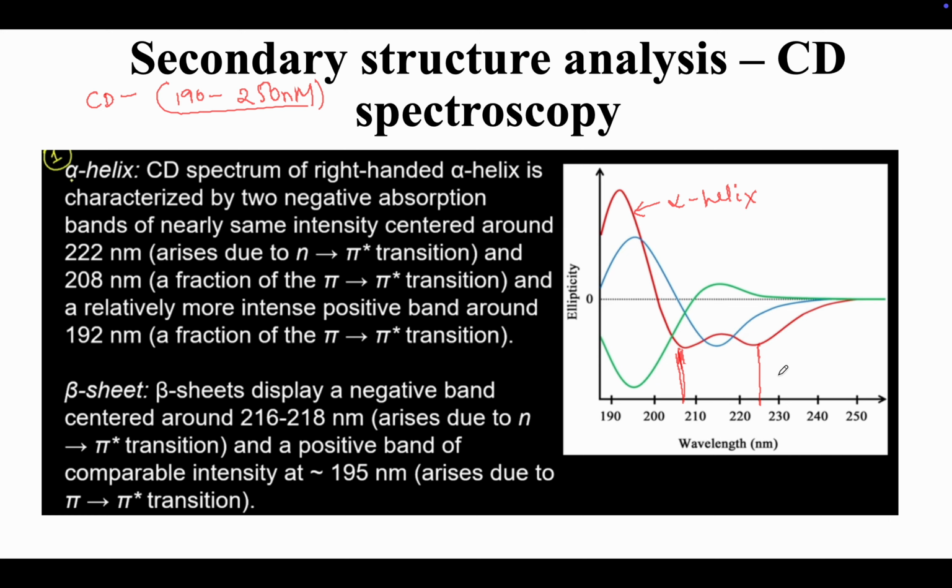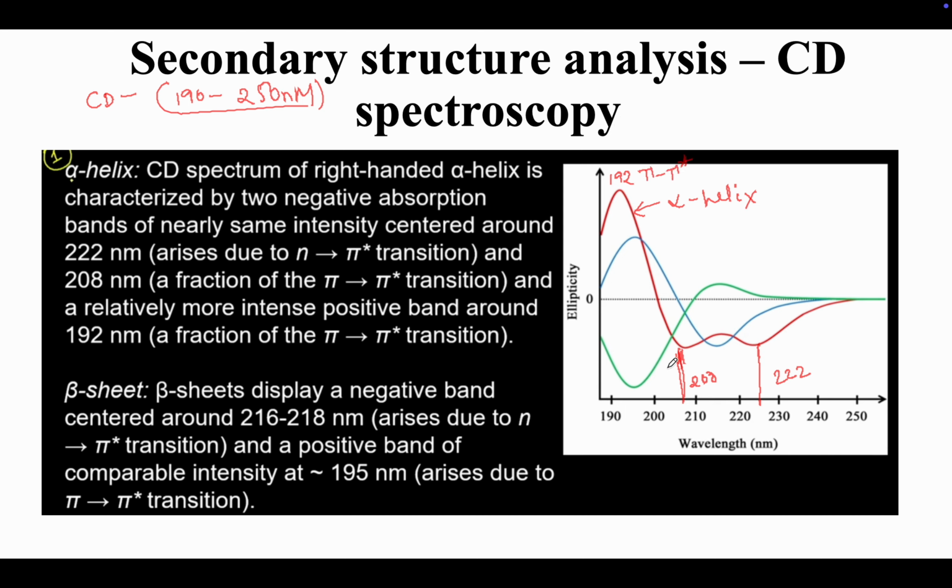These are the two less intense negative peaks, and then we have one high intensity peak at 192 nanometer. This peak is due to the pi to pi star transition.